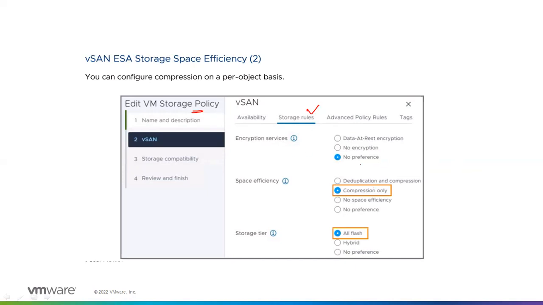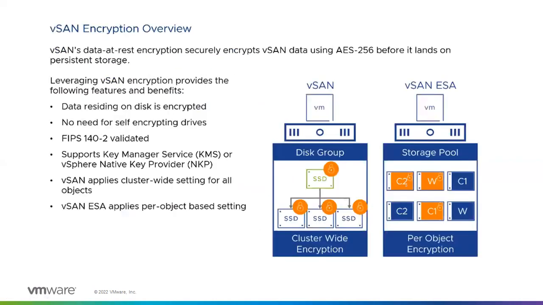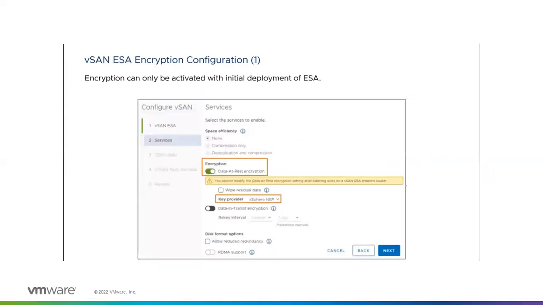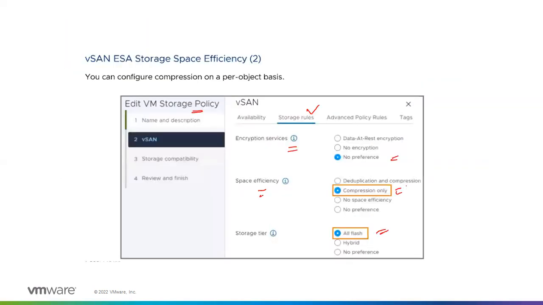Here I'm not enabling the data storage efficiency itself. I'm selecting this, and I'm selecting compression only. Just one moment, let me go back. So what it means is compression only.